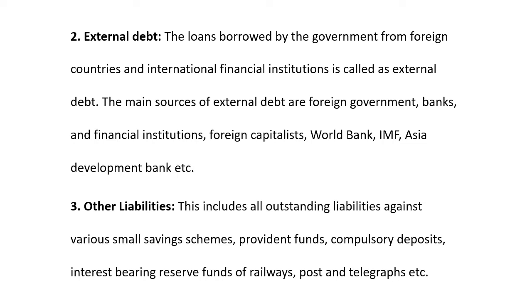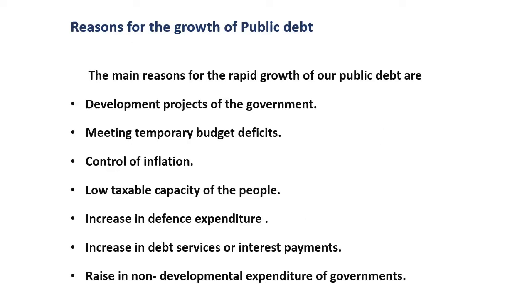The main sources of external debt are foreign governments, banks and financial institutions, foreign capitalists, World Bank, IMF, Asian Development Bank, etc. Other liabilities include all outstanding liabilities against various small savings schemes, provident funds, compulsory deposits, and interest-bearing and reserve funds of the railways, post and telegraph, etc.